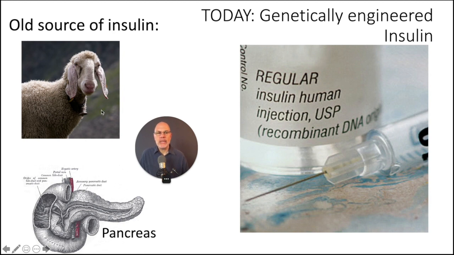So sheep, pigs, cows, goats. And basically what you'd have to do is extract the pancreas from these animals after they were slaughtered for food, and then you could extract the insulin from the pancreas. That worked pretty well, because we're all mammals, these molecules are very close to one another.